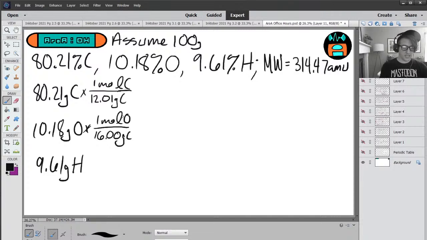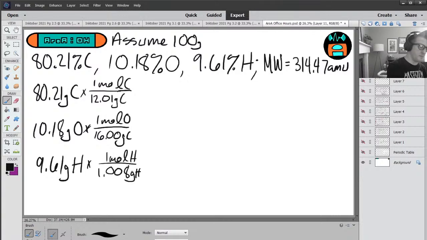So we're using the atomic mass for each. All right, now we have some numbers to crunch.